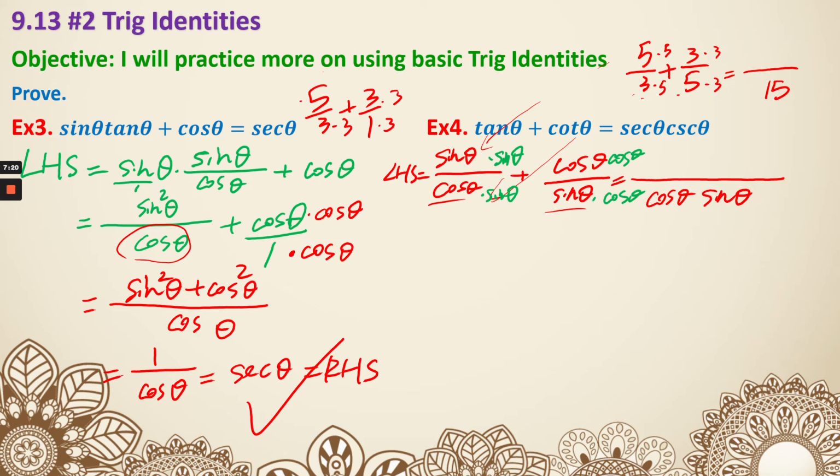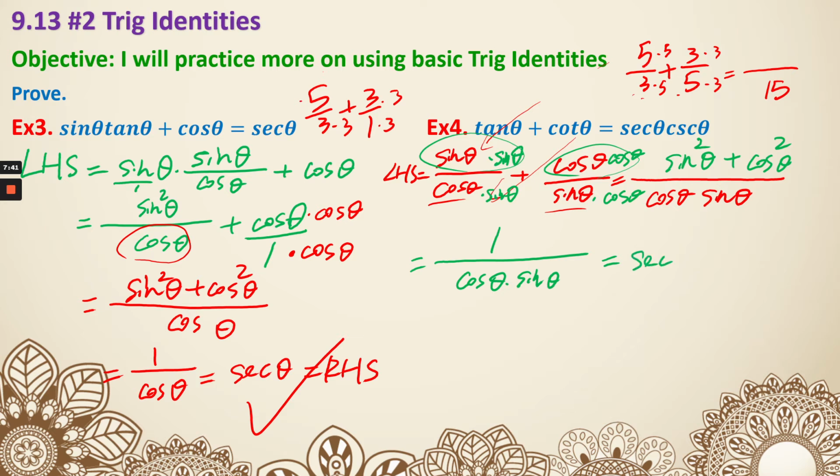So it becomes sine theta squared on the top plus cosine theta squared. Now I have both squared adding together, that's got to be a 1 on the top, the bottom is cosine theta sine theta, and it's actually being multiplied together. Next, 1 over cosine is secant, and 1 over sine is cosecant. That happens to be the right-hand side, so we are done. That's number 4.